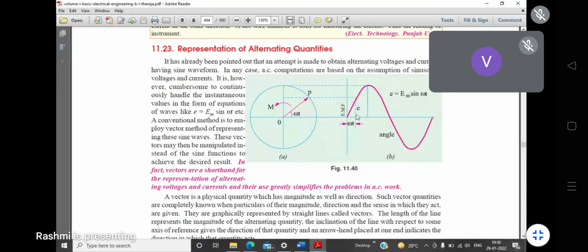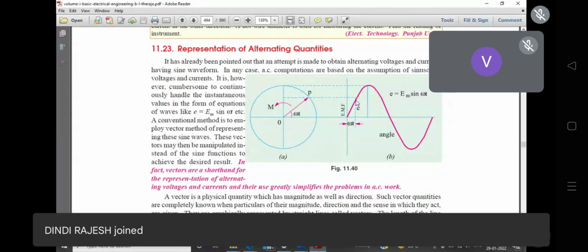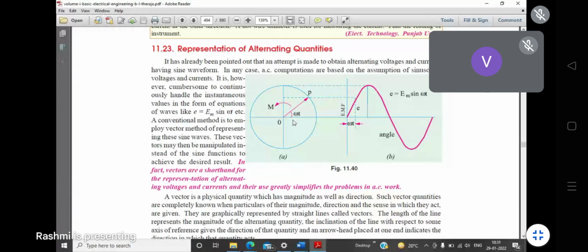After omega t, the phasor will come to this point, and this value is equal to this value.